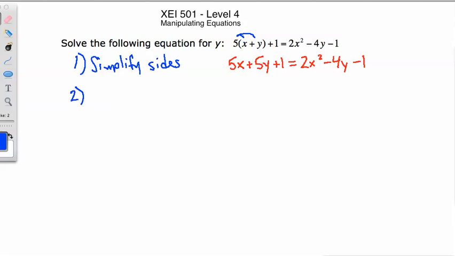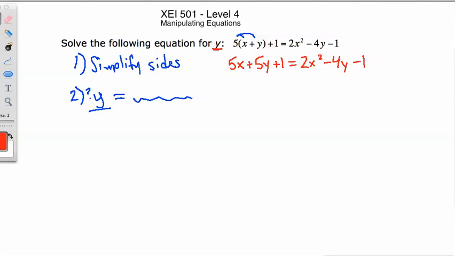We're going to put y on one side of the equation and maybe some number, and then everything else goes on the other side. Okay, so we need to bring this 4y, and of course it's not always going to be y, it's going to be whatever variable you're solving for. In this case it's y.